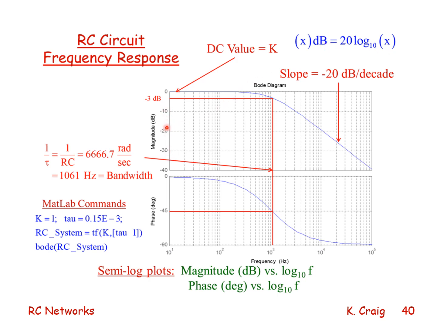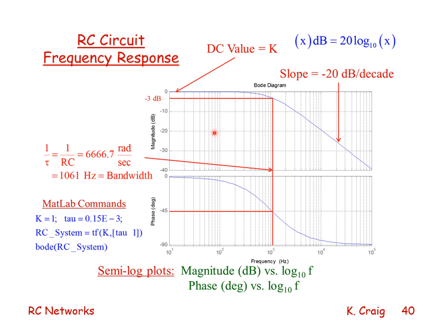This is the amplitude ratio in dB. This is the frequency in hertz. This is the phase angle in degrees. This is the frequency in hertz. And the horizontal axis is a logarithmic scale to the base 10.